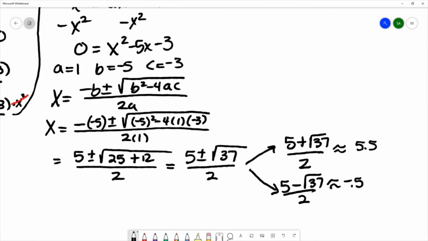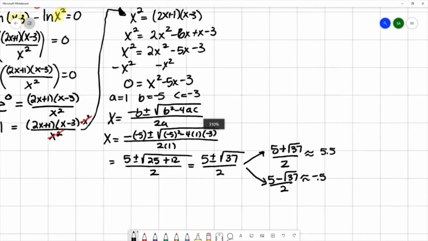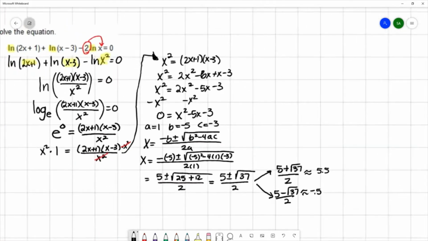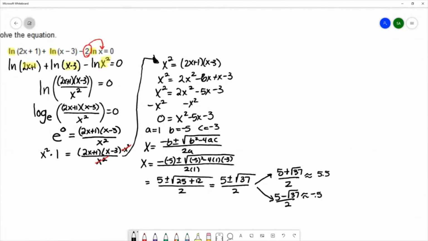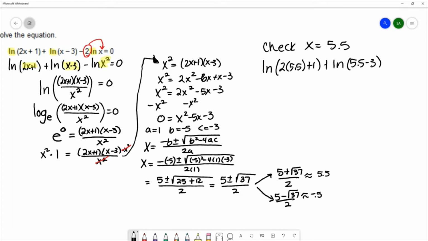And we want to check these solutions to see if they are in the domain of the original function. So we're going to check x equals 5.5. In the original, that's natural log of 2 times 5.5 plus 1 plus natural log of 5.5 minus 3 minus 2 times natural log of 5.5 equals 0.